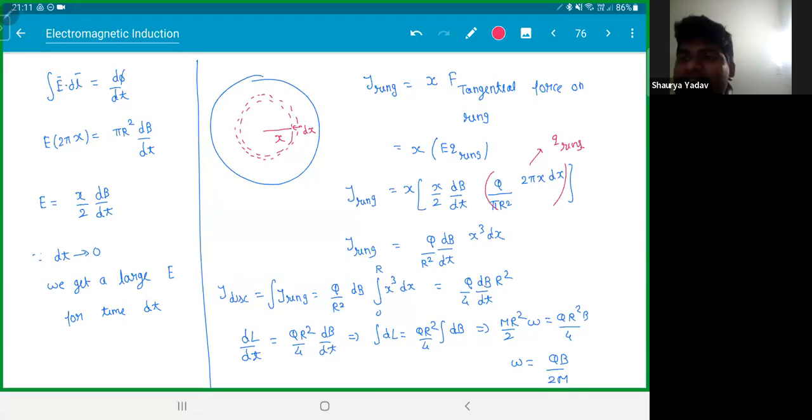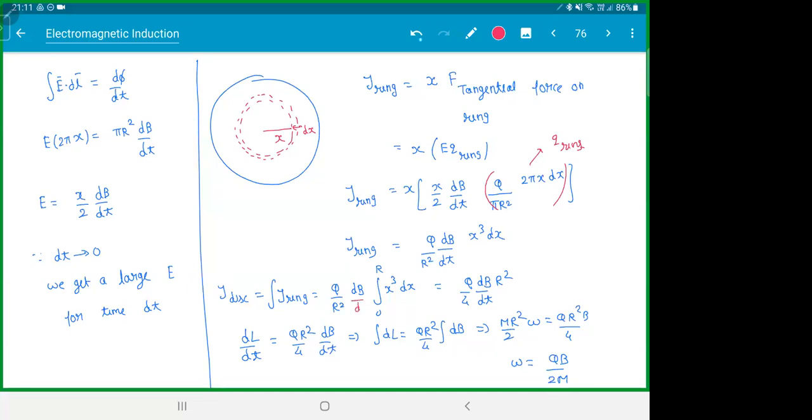Sir, in the second step, q by r square dB, where you did the integral of x cube, you didn't write dt there. Everyone clear with it? Clear with the step? This would be a proper advanced question, right? This is the kind of question they'll ask you. Clear? Next one.